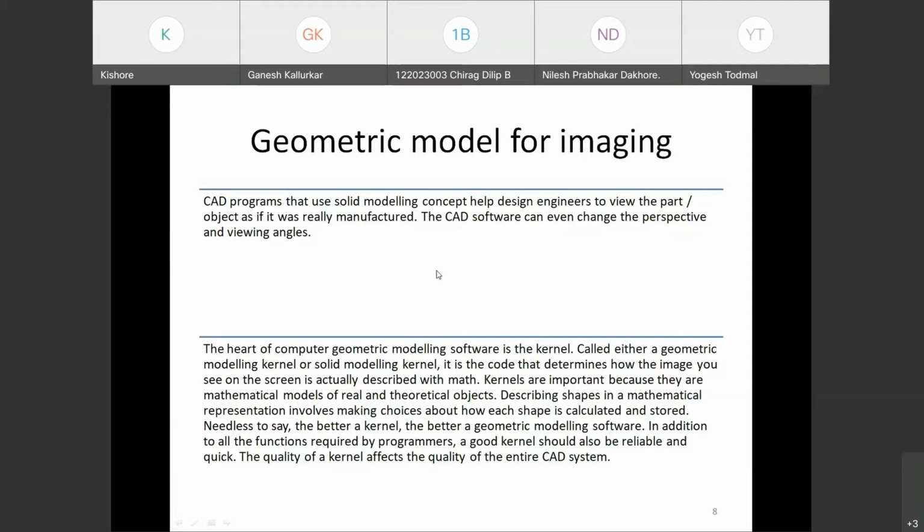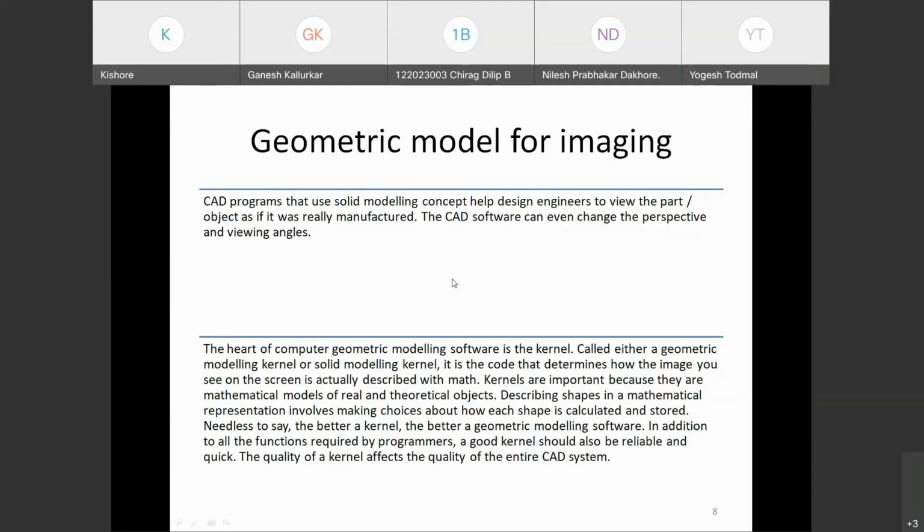So what kind of function the solid model has been assigned is the job of the kernel. The kernel will decide what kind of functions and what interactions it should save. Kernels are important because they are mathematical models for real and theoretical objects.